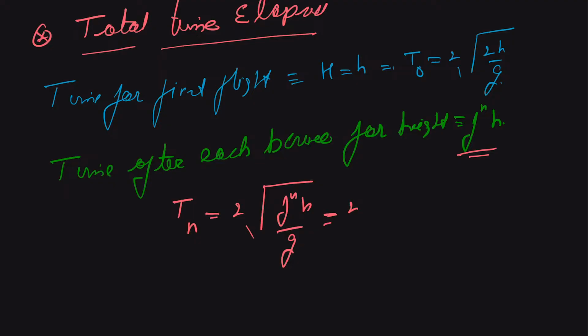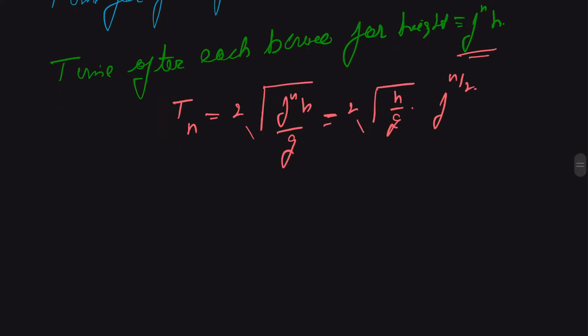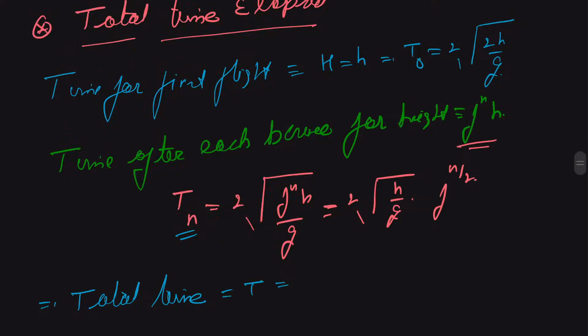We can write this as 2 square root of h upon g, and f^n we can take outside, so this becomes f^(n/2). Therefore, the total time is, let us suppose, T, and that will be equal to t n plus t naught.